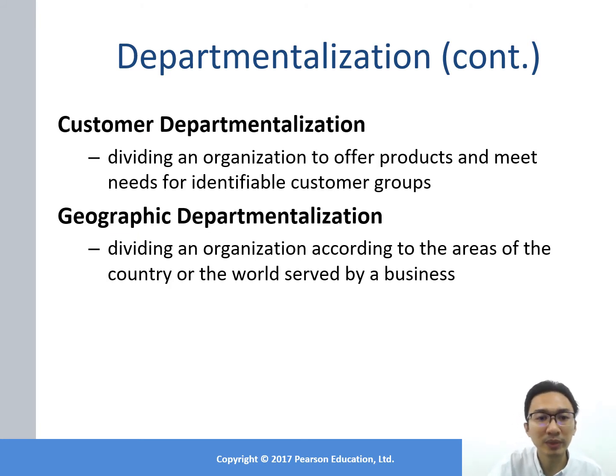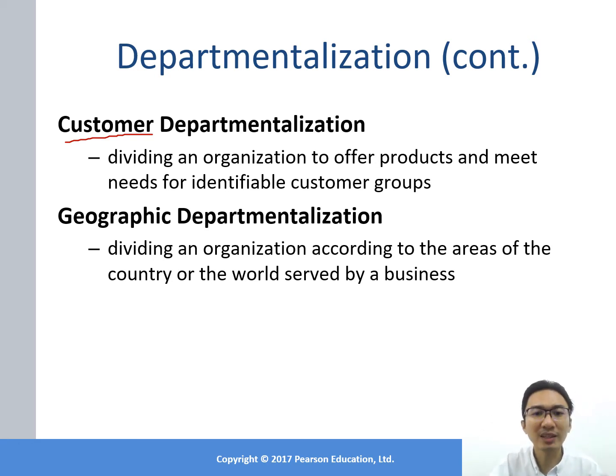Another form is customer departmentalization, which normally happens in retail stores. They divide the organization to offer products and meet the needs of identifiable customer groups. Let me make it simple.